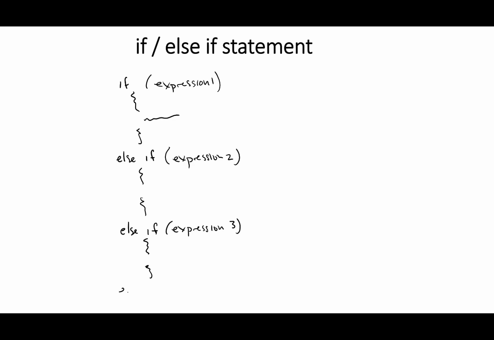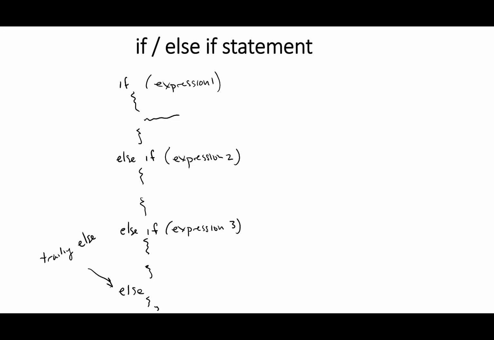And then what we're going to do is end this with a trailing else. This is called a trailing else, and this is actually optional. You don't have to have that trailing else. But it's a good idea to have it to catch errors, because if you're going through this decision tree and all of these expressions are false, this trailing else will basically catch that.